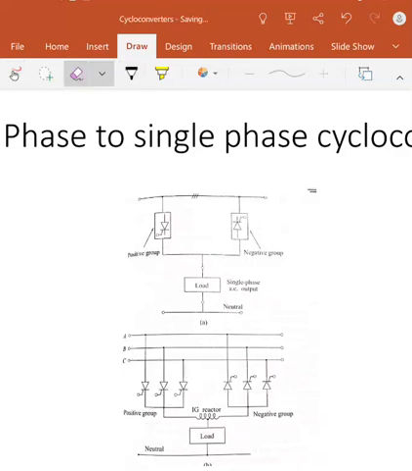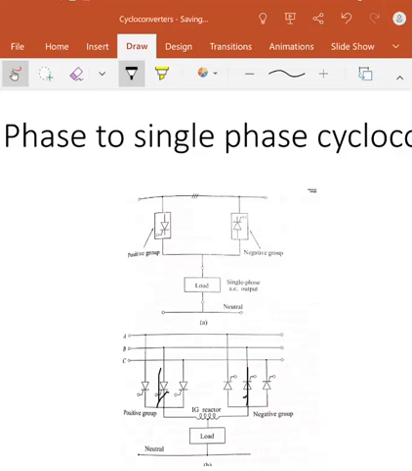So what do you mean by circulating current? It is one of the important concepts. Circulating current is when this is used for positive cycles and this is used for negative cycles, and both are connected.